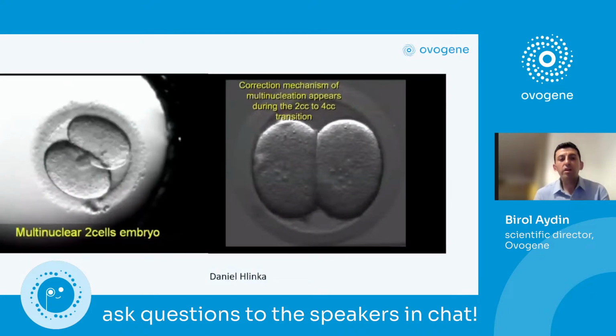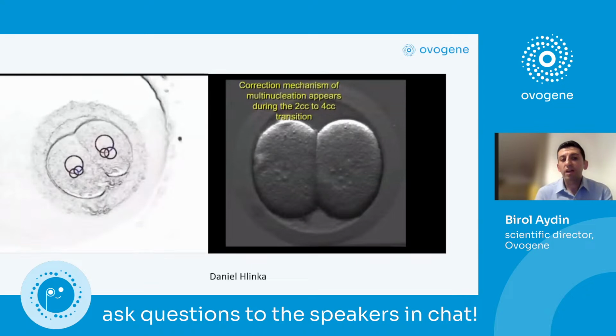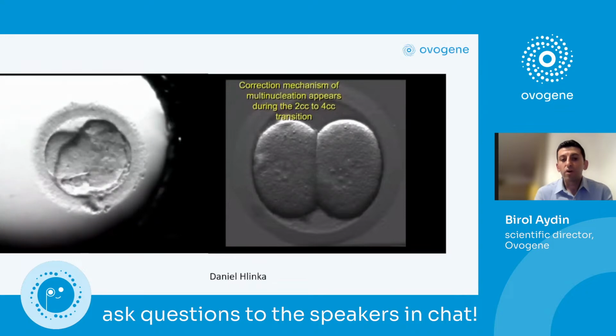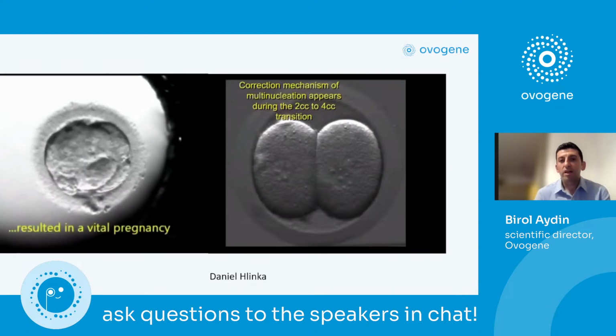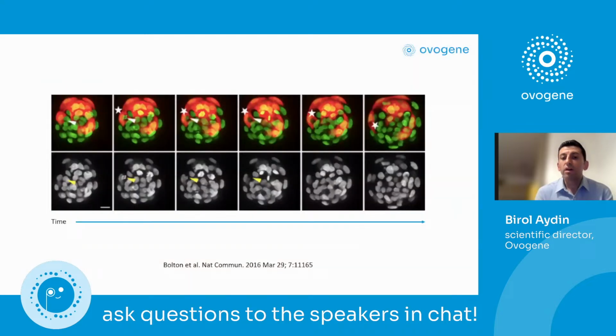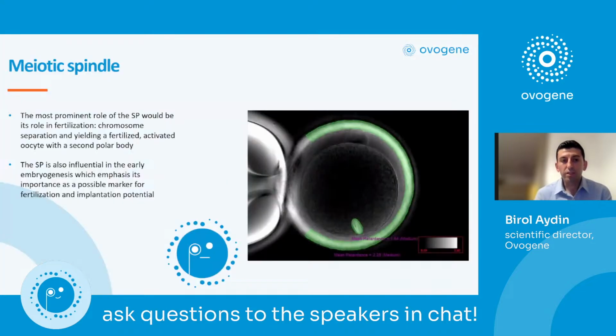As we see, even during development embryos make self-correction. So this gives us an idea: if the embryo makes self-correction during development, of course that can also be possible when we change the mitochondrial DNA, and increasing the source of energy can also help the self-repair mechanism.